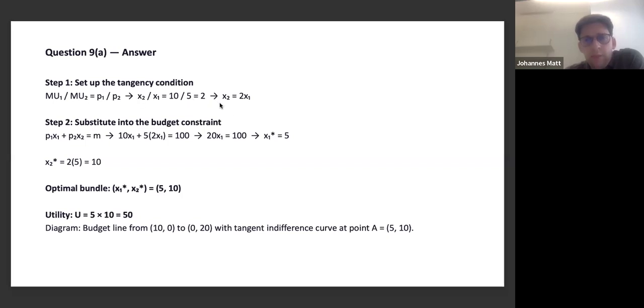Such that the ratio of marginal utilities is exactly 2. Okay, so that is kind of my trade-off that I face between consuming more of one and less of the other, right? Now we will be drawing this in a second, but let me talk you quickly through determining the consumption bundle here.